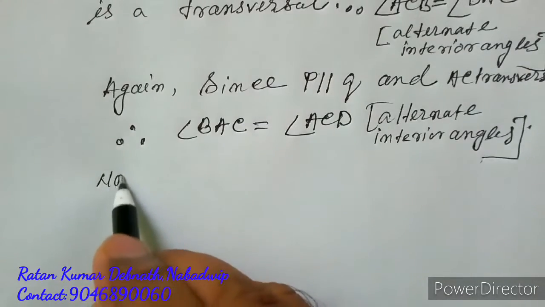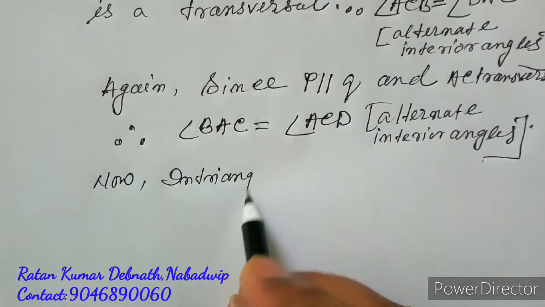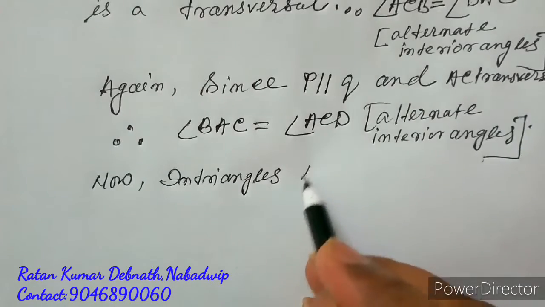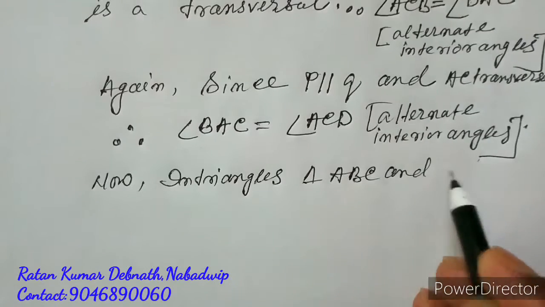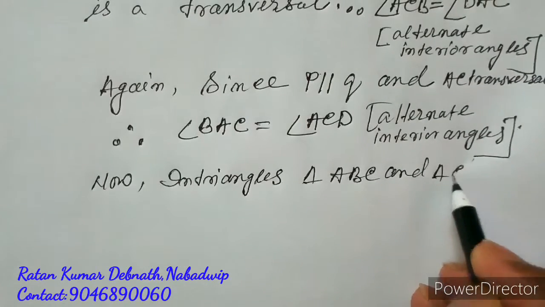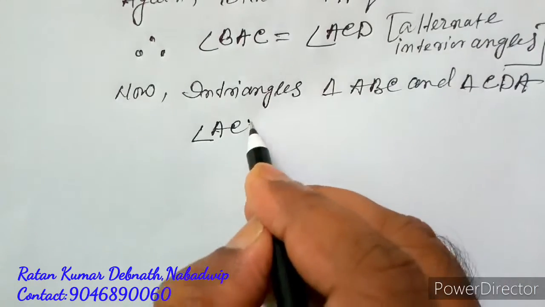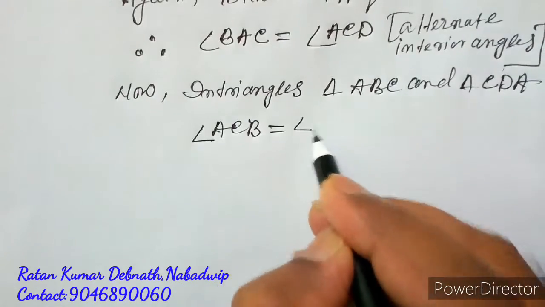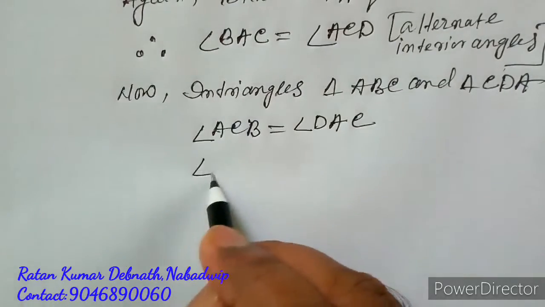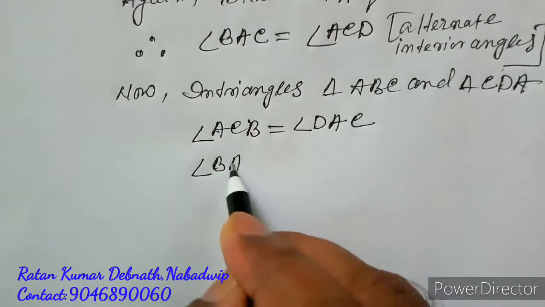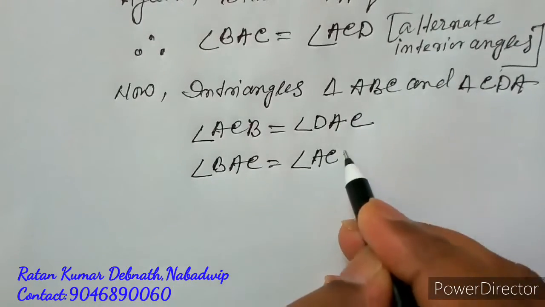Now, in triangles ABC and CDA, angle ACB equal to angle DAC, angle BAC equal to angle ACD.